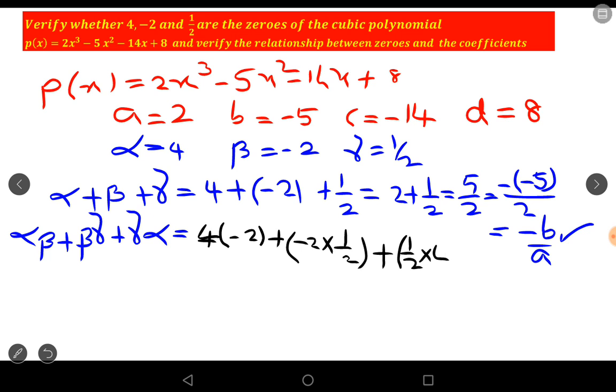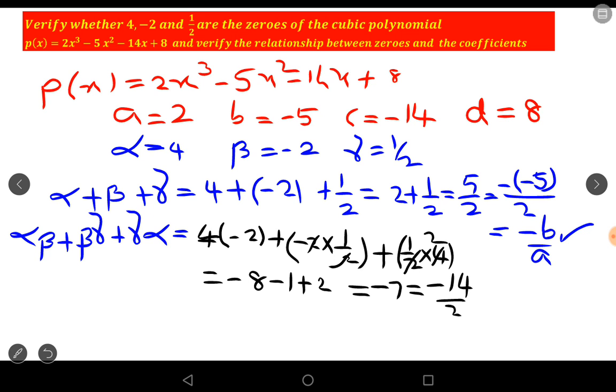So 4 into minus 2 is minus 8, minus into 1 by 2 times 2 gives minus 1, 1 by 2 into 4 is 2. Minus 8 minus 1 plus 2, their sum is minus 9 plus 2, minus 7. Minus 7 is the product; write minus 14 by 2. Minus 14 is c, 2 is a, so c by a. This one is also correct. Okay, the second relation alpha into beta plus beta into gamma plus gamma into alpha is c by a.